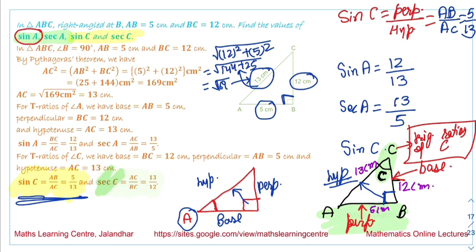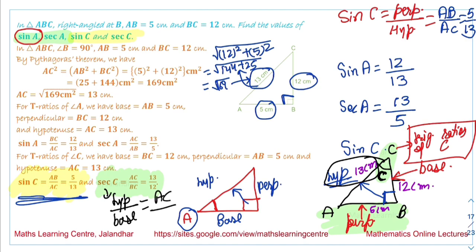Similarly, secant C will be AC over BC. Why? The formula for secant C is hypotenuse over base. Now what is the hypotenuse over here? It is 13 centimeter, that is AC.